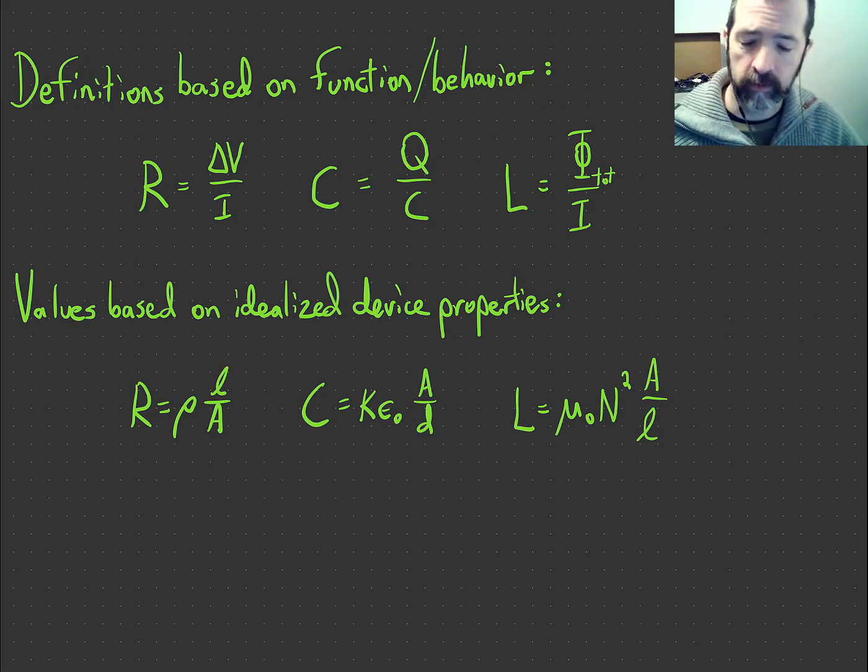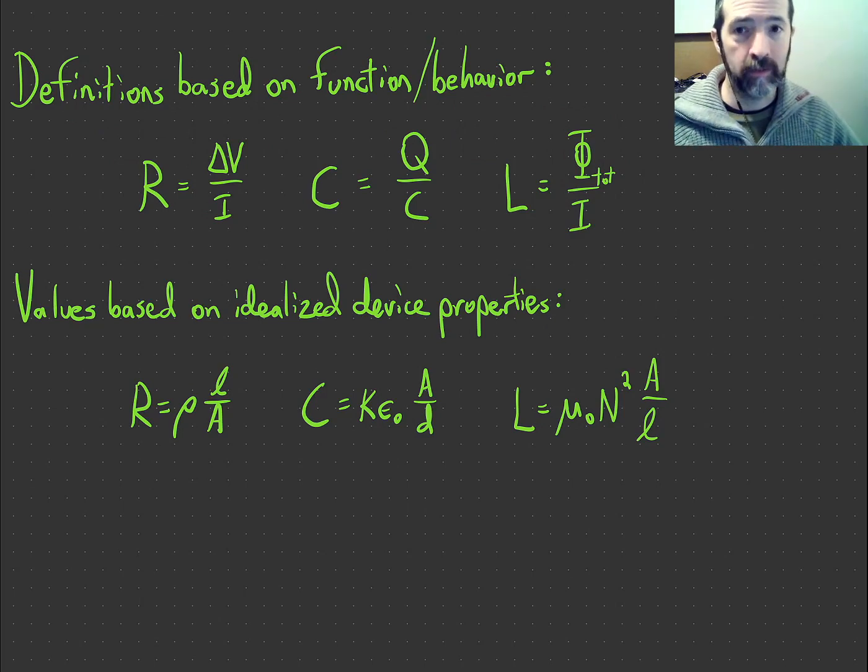With resistance, it's the ratio of the potential difference to the current. How many volts do you get when you put a certain amount of current through the device? It makes no difference what the device is. You could calculate an R value for literally anything. All you have to do is know how much current is flowing through it and what the potential difference is.